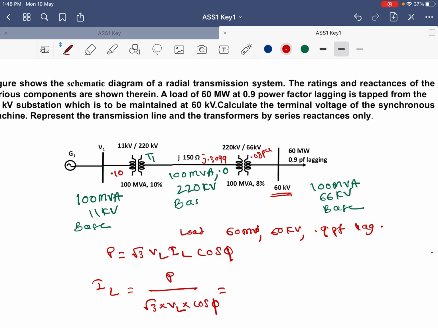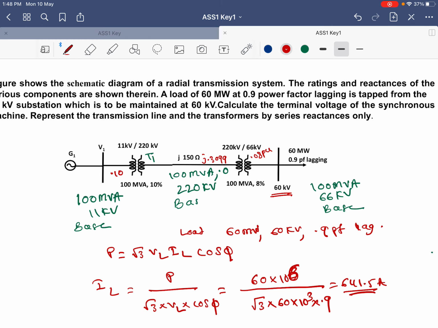Just substitute all these values: the load is 6 into 10 raised to 7, sorry, 60 megawatt divided by root 3 into 60 into 10 raised to 3 into the power factor 0.9. Therefore, the load current you are getting here is 641.5 amperes.